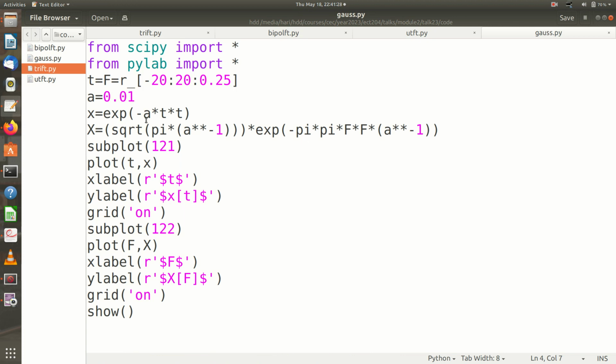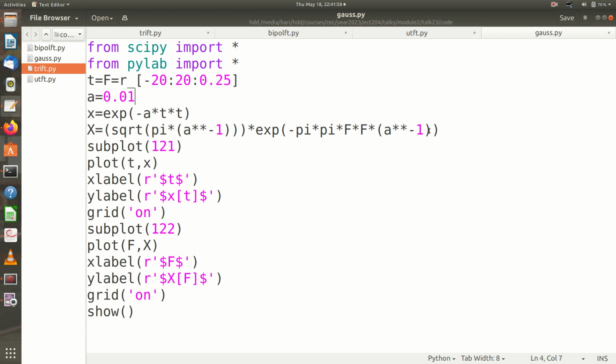I'm trying to realize a small x. NumPy, SciPy and PyLab are imported, and the time values from minus 20 to 20 with an increment of 0.25 are taken. A is taken as 0.01, and small x is my exponential signal e raised to minus at square, and capital X is the Fourier transform, that is root of pi by a into exponential of minus pi square f square by a.